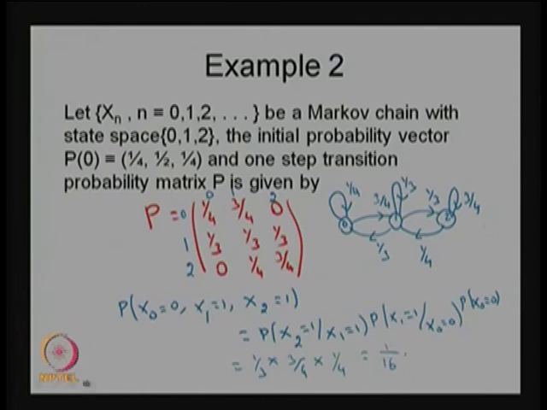Similarly, you can find the other probabilities also. Suppose our interest is the probability that at the end of the second step the system will be in the state 1. That is nothing but: what are all the possible states from which the system could have started, the state i, and what is the two step transition probability of the system moving from the state i to 1.